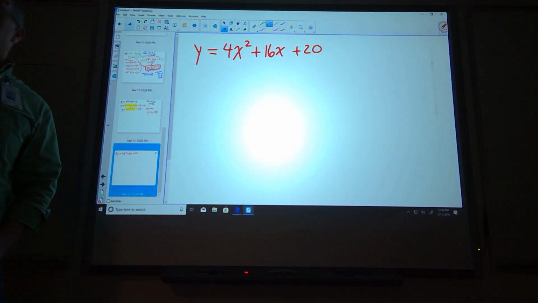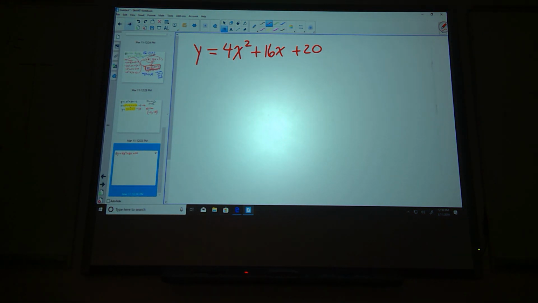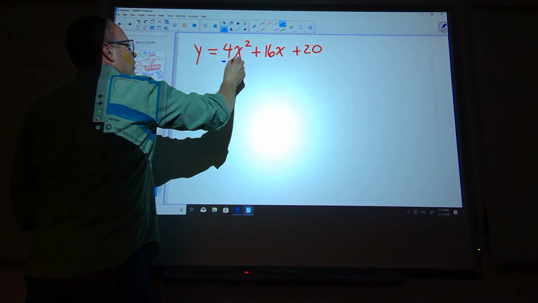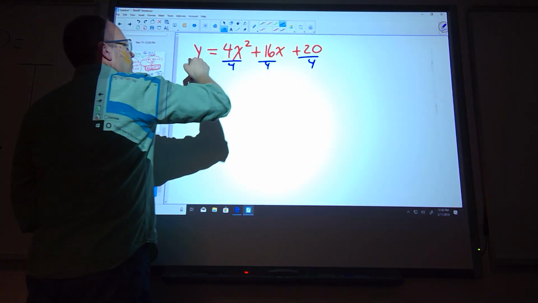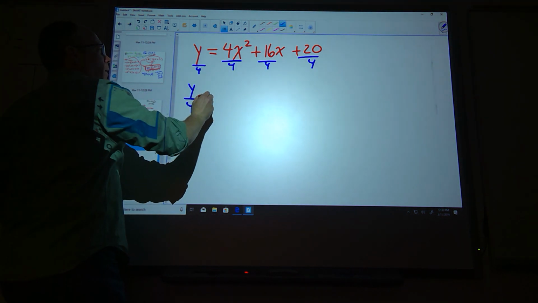Let's say we had that. So what was my very first step if I were to go from standard form to vertex form on this? Divide by 4. What also gets divided by 4, which is like a totally new concept? The y, right? So I'm going to divide all of my terms by the 4, including the y. And I have to remember that 4 with this y for much later.